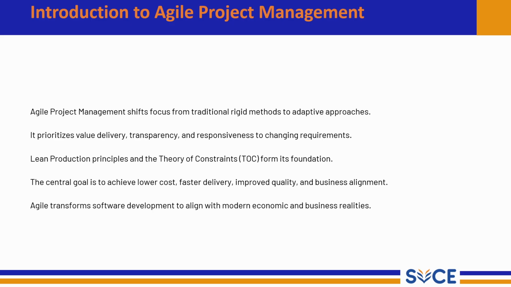Agile transforms software development to align with modern economic and business realities. In today's fast changing market, companies must release their products quickly and stay competitive. Agile supports this by creating a development environment that embraces change, reduces risk, and delivers results continuously.